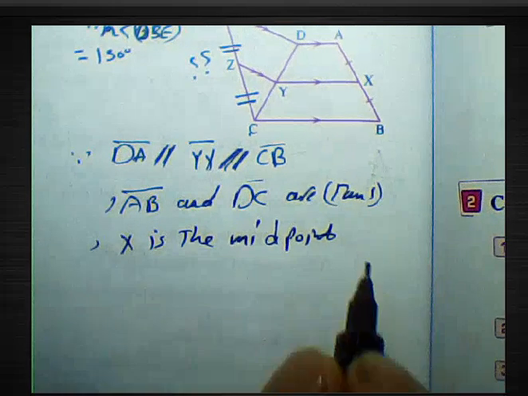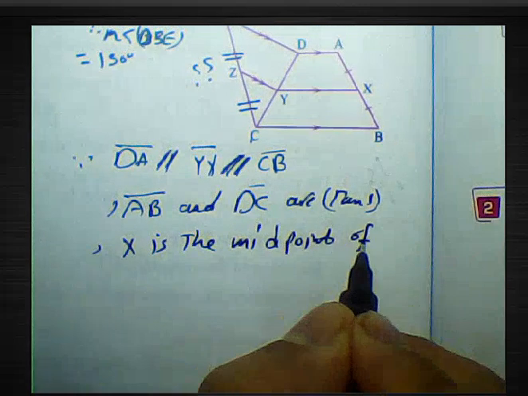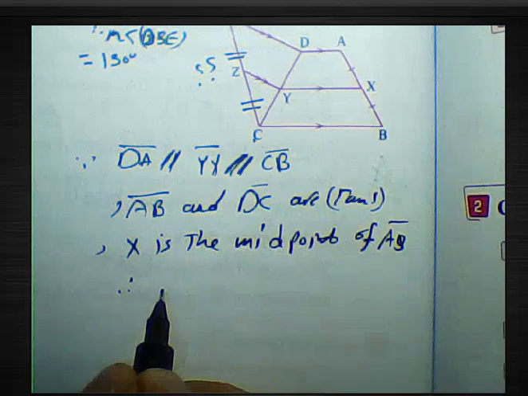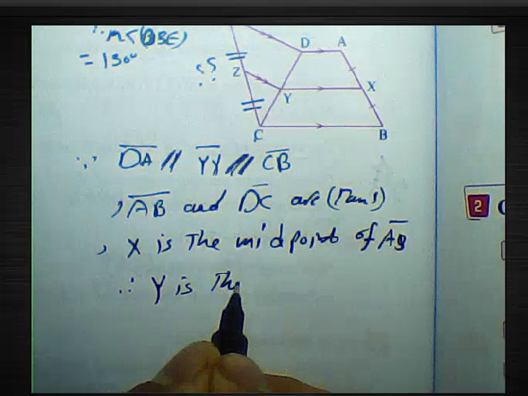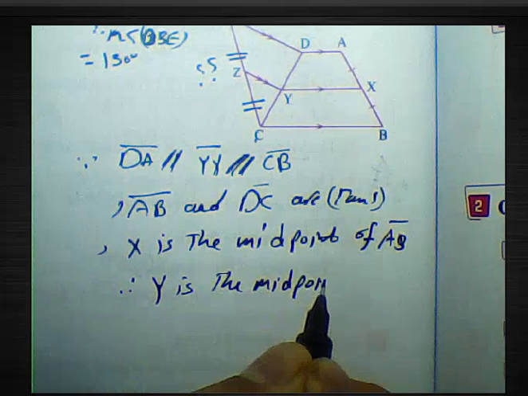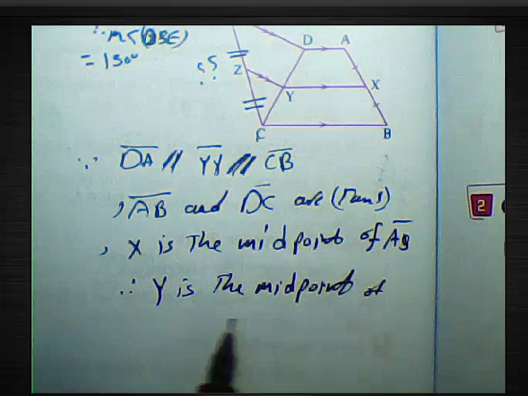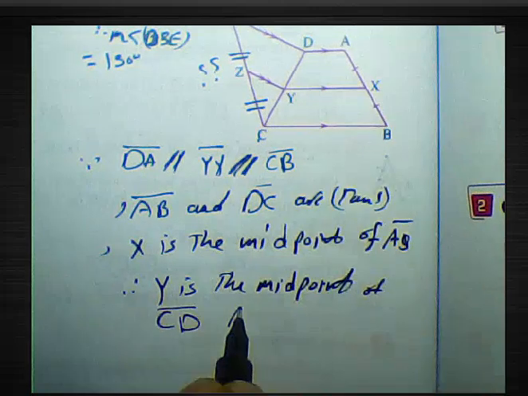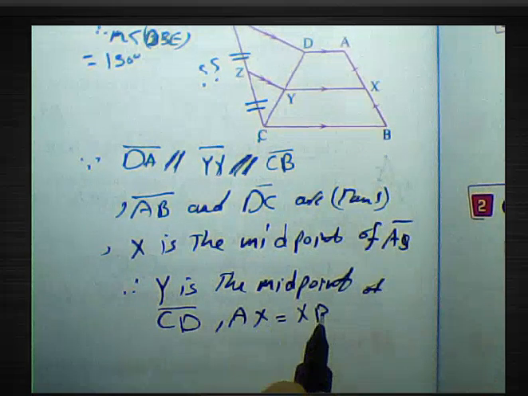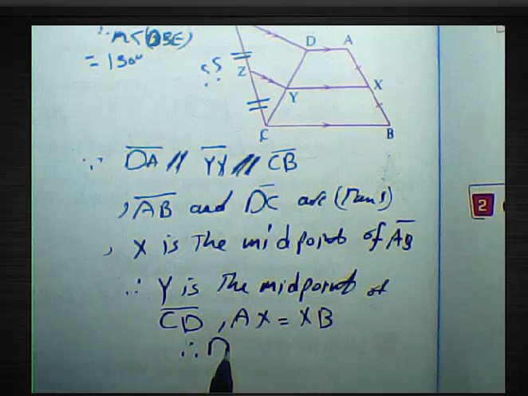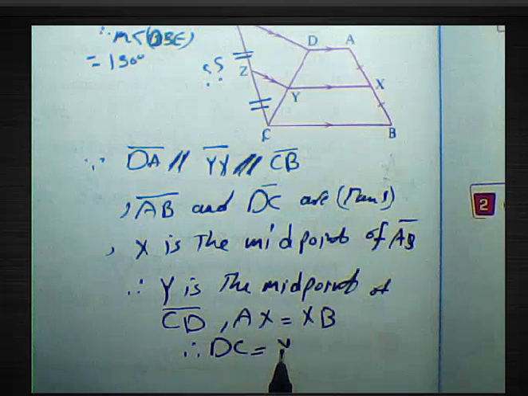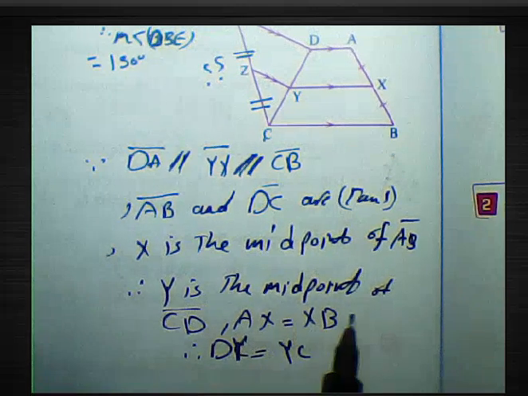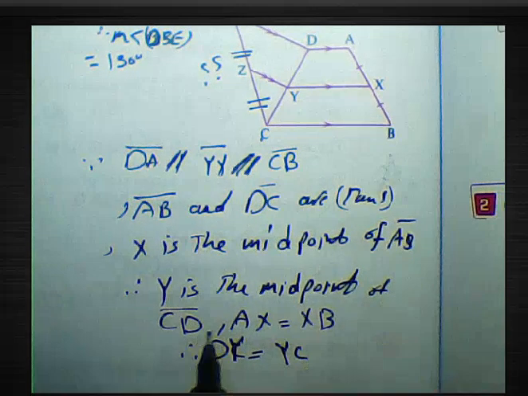X is the midpoint of AB, then Y is the midpoint of CD, and we have AX equal to XB, then DY equals YC, so Y is the midpoint of CD.